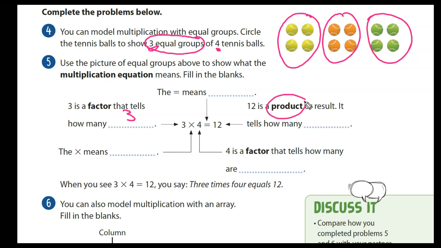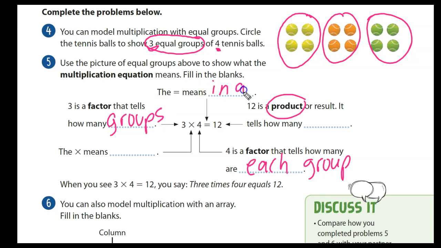I need to multiply. That's what that tells me. 4 is another factor, which tells how many are in each group. 3 is a factor that tells how many groups I have. The equal sign means in all, and the X means to multiply.